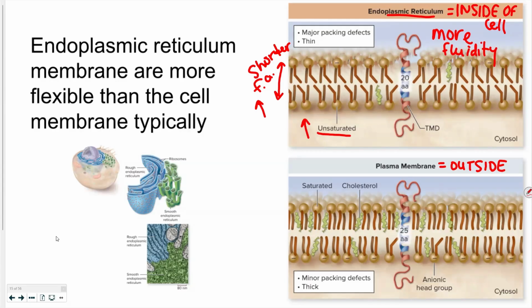Okay. So for our plasma membrane, they're going to have longer fatty acids. They're going to be saturated. They're going to have a higher concentration of cholesterol, meaning that we are going to see less flexibility, right?